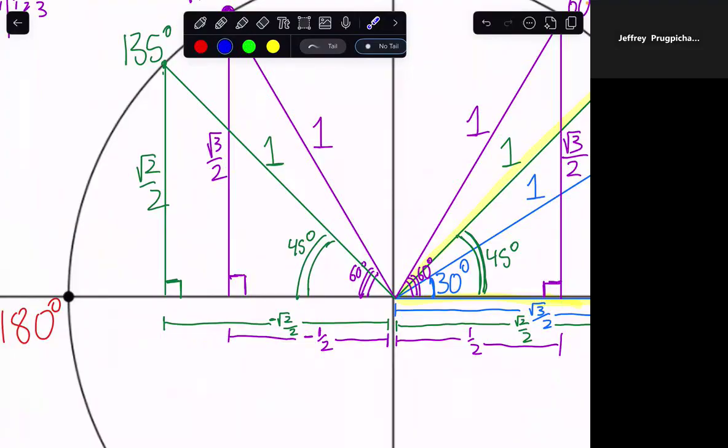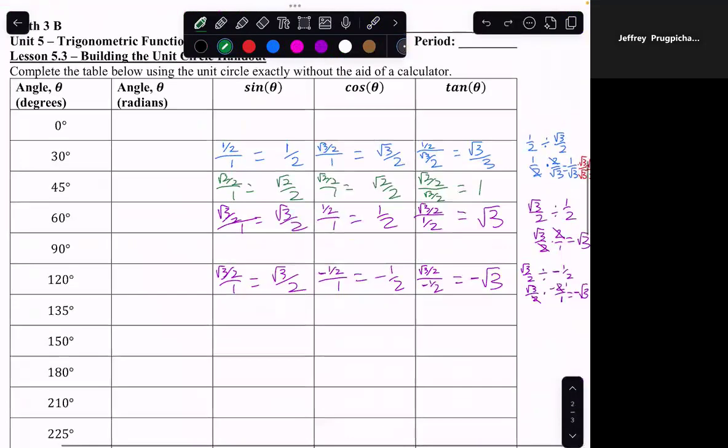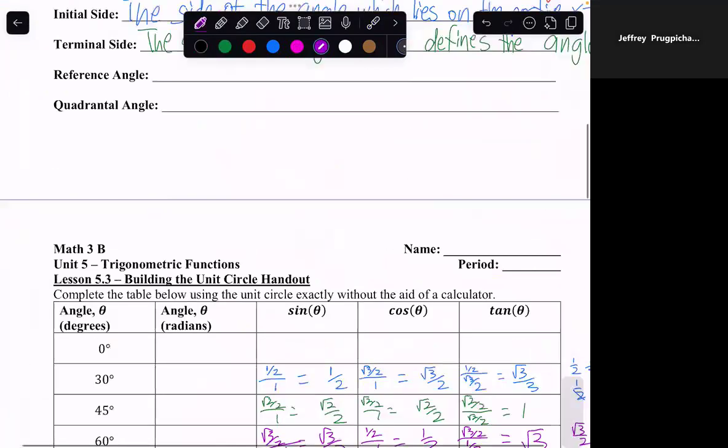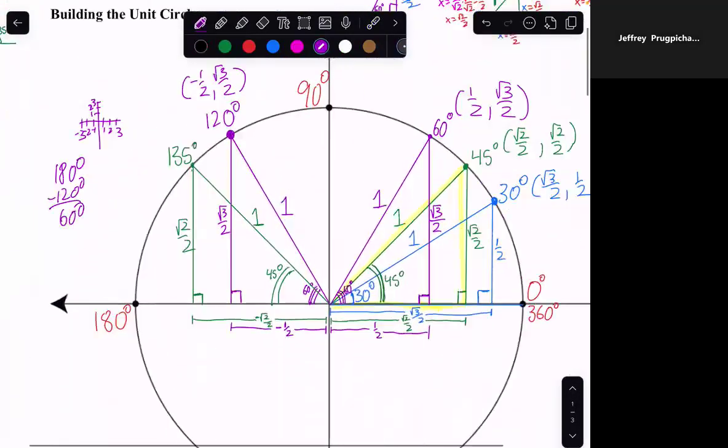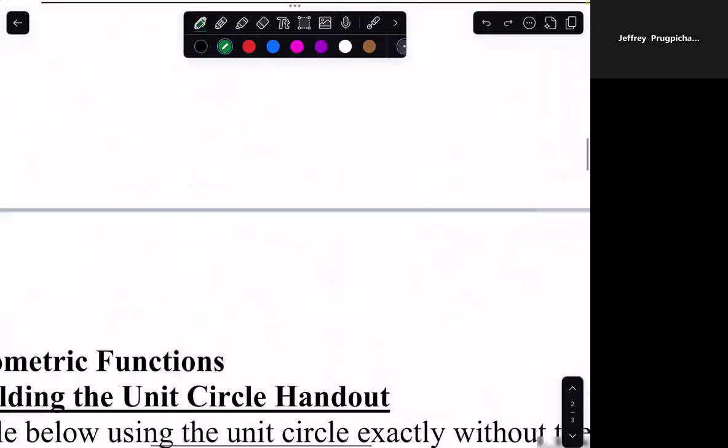Okay, so let's now do sine, cosine, and tangent. Sine is opposite over hypotenuse, so positive radical 2 over 2 over 1. Anything divided by 1 stays the same. Cosine is adjacent over hypotenuse, so here we've got negative radical 2 over 2 over 1.